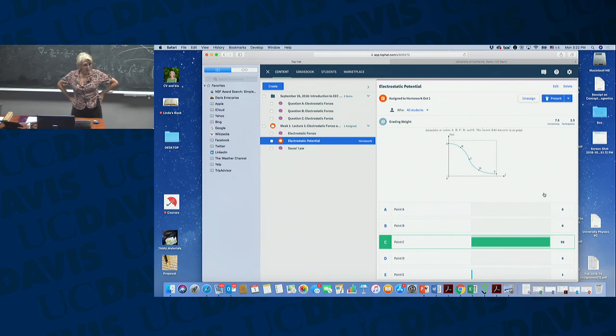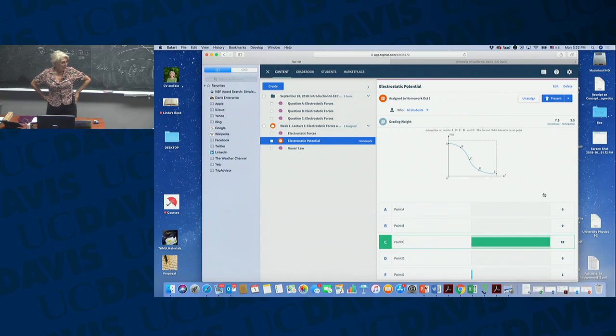So at that point along the line, the potential varies the fastest. In other words, the derivative that shows the rate of change along the x direction is going to have its largest value. And that's why the electric field is going to have its largest value at that point. Very good. Any questions so far?